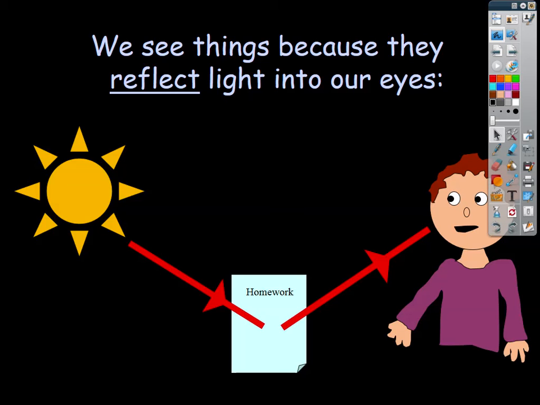The light shines on the paper, but you don't actually see the paper just because of that. What you're seeing is that the paper reflects some of that light up to you. So we are always seeing a reflection of whatever we're looking at, which is strange to think about: everything that you see is a reflection of what is actually being shown.